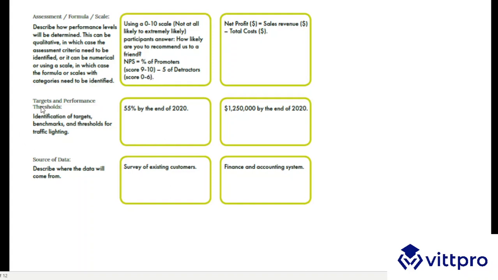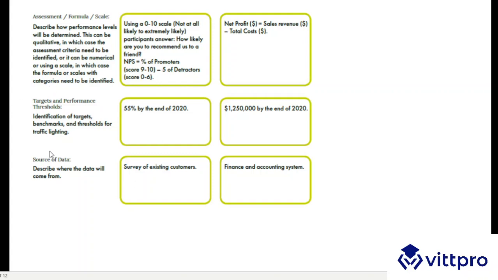Now the target performance is 55%, means this company is saying that out of all the surveys that they do, they will be trying to get at least 55% cases where the guest is scoring them 9 or 10, not less. They will not be accepting anything below that. So that is their idea of 55%, right?